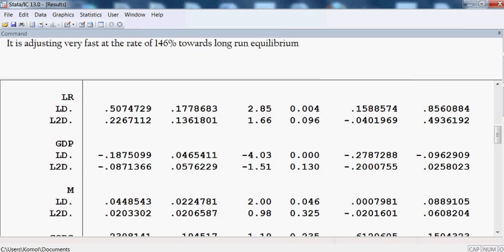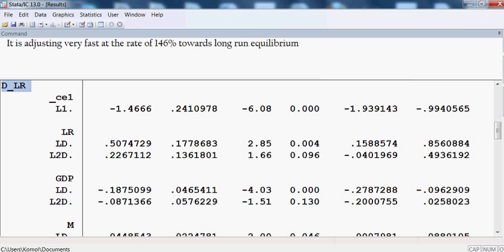Okay, we can check jointly whether the lags of D and L2D jointly can cause the LR or not.